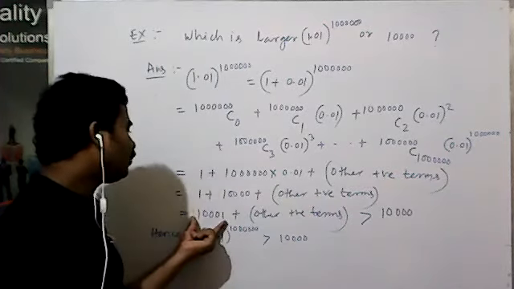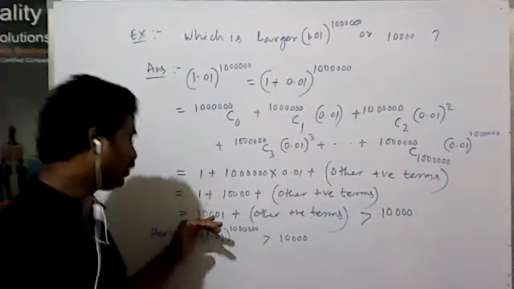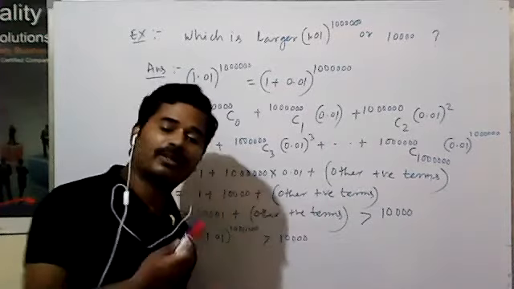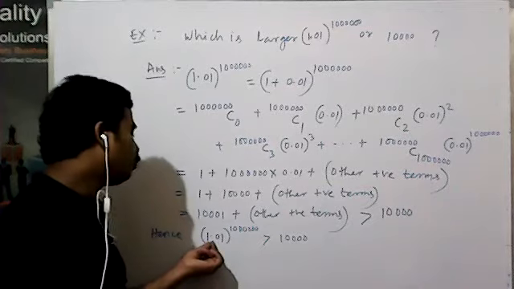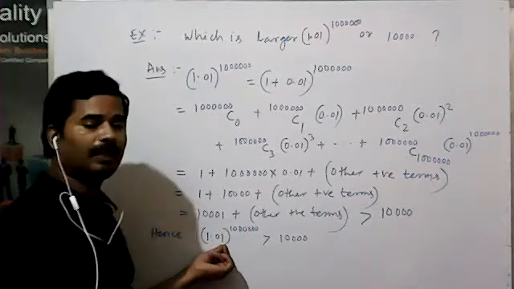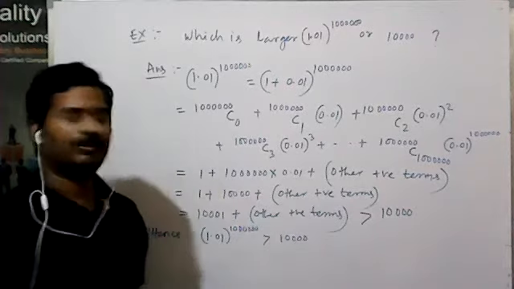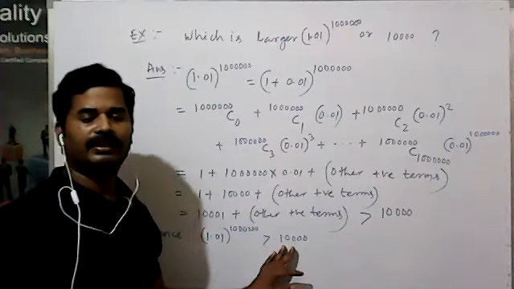So 10,001 plus other positive terms will come. 10,001 is already more than 10,000, and adding positive terms makes it even more. So 1.01 to the power 1 million is greater than 10,000.